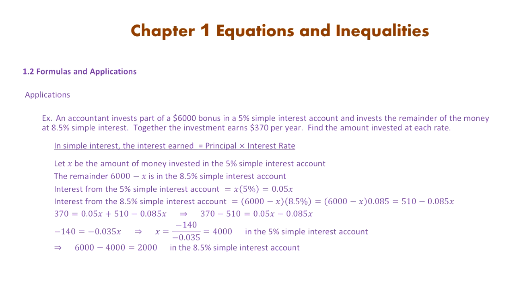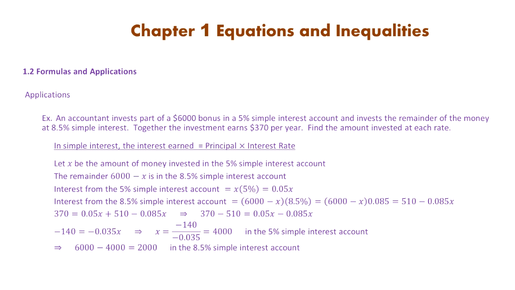You can also let X be the amount in 8.5%. It doesn't matter. So let's just use X as the principal in the 5% account. Then 6,000 is the total. If you subtract X from 6,000, then that will be the principal amount in the 8.5% simple interest account. Okay.